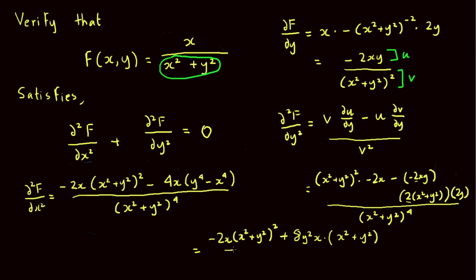And then you'll actually have here x, and here (x squared plus y squared) to the power of 4. So that's what we ended up having, by the way.